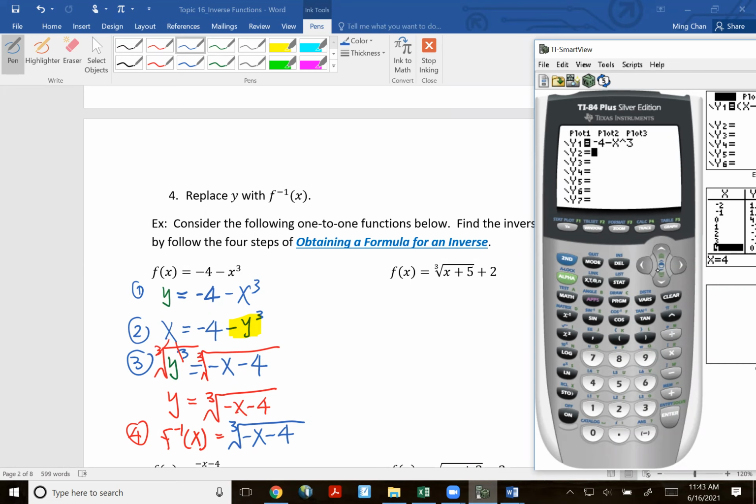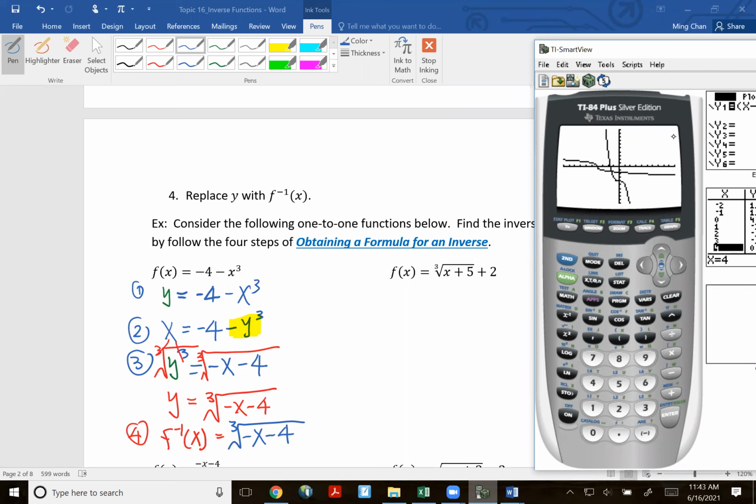So I'm gonna show you. Purposely, I'm gonna type in cube root, math number 4, cube root of -x minus 4. Okay. Now this line horizontally is its inverse.